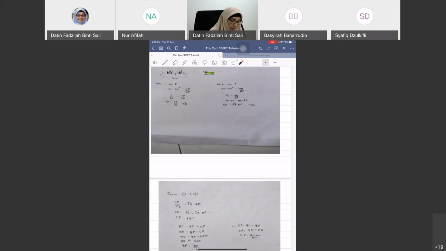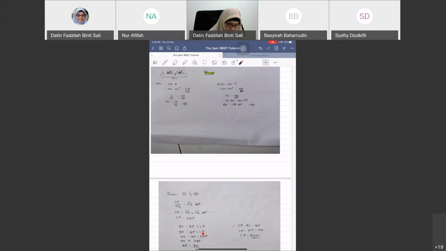BC here, if you can see the diagram up above, is the whole stretch, which is the 80 meters. So BC equals, of course, BP plus CP. That's where this statement comes in. And BC is 80 meters, which equals BP plus CP.